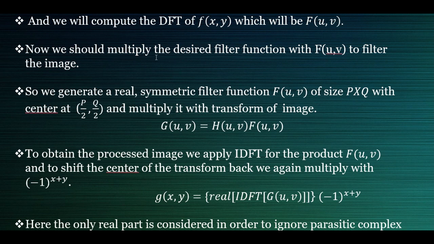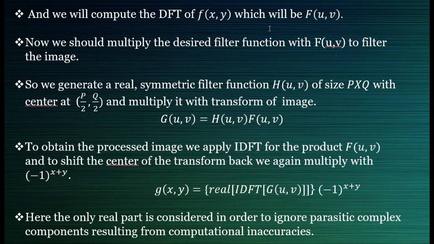So now we will compute the DFT of the input image, which will be F(u,v). Now we should multiply the desired filter function with F(u,v) to filter the image. Now we will generate a real symmetric filter function H(u,v) of size P times Q with center at P/2, Q/2 and multiply it with the transform of the image to get G(u,v).